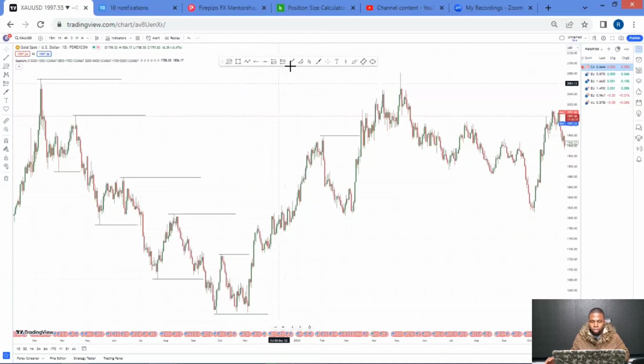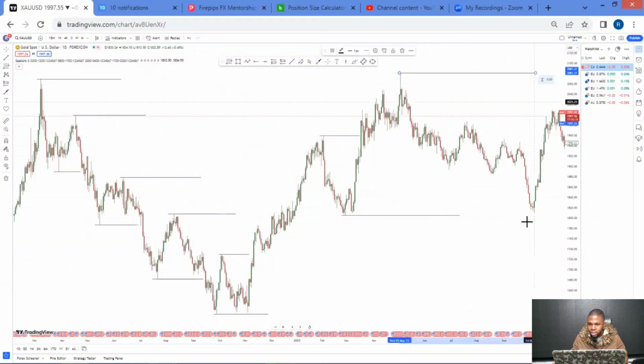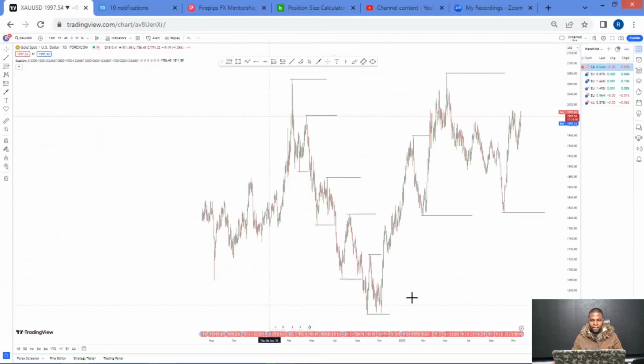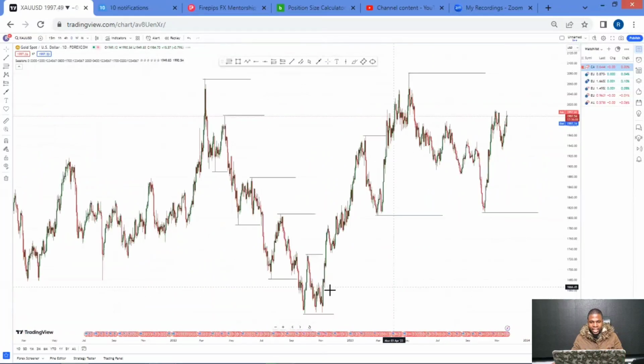This is a major structure. So now look at this. We have this as the low. This low created this high. This high, right? This high created this low. So now, look at what I have here. This, what I've drawn here, is a major structure on the higher time frame, right?